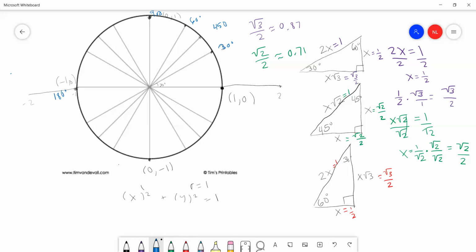And then if we were to, again, go up 30 degrees, we would take 180 degrees and subtract that 30 degrees, we'd have 150. If we were to take 180 and subtract 45 degrees, we would end up with 135. And if we were to take 180 and subtract 60 degrees, going backwards, we would be at 120.